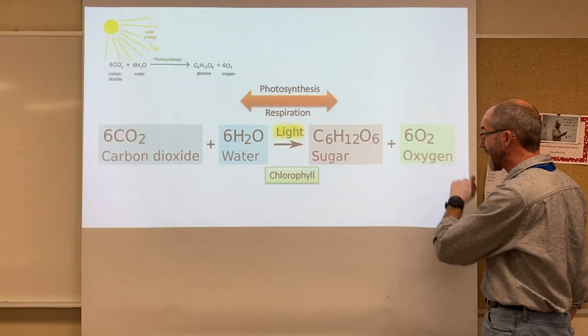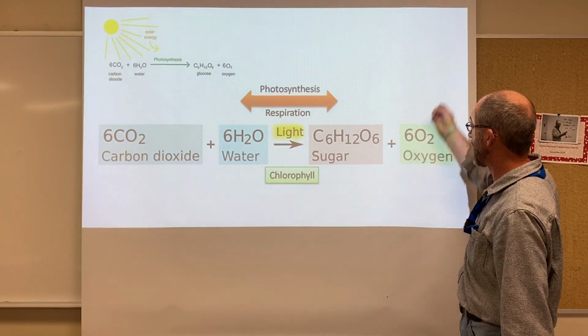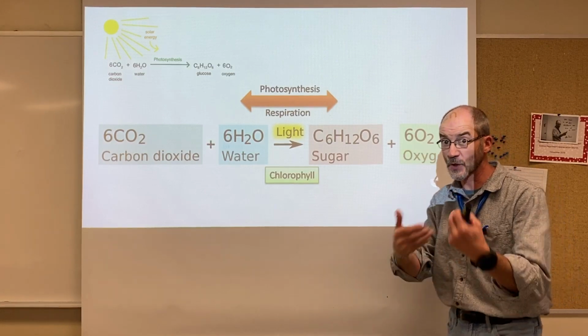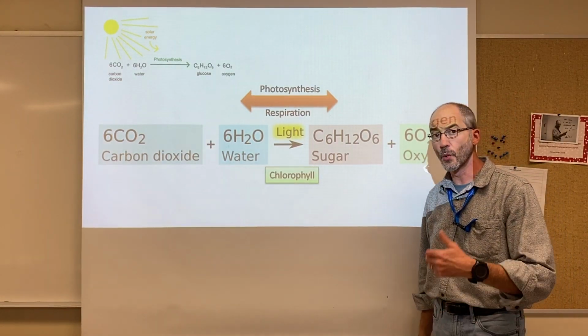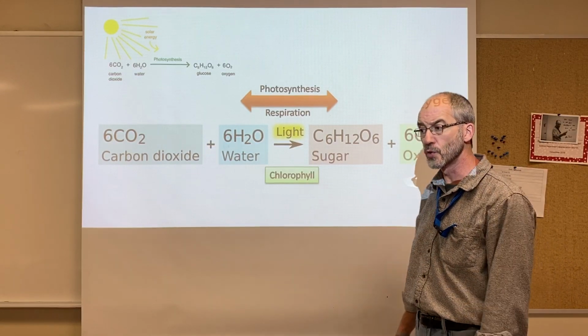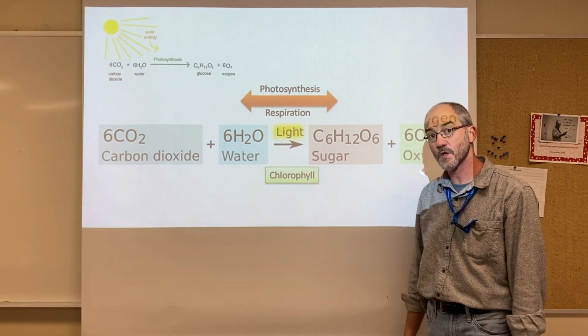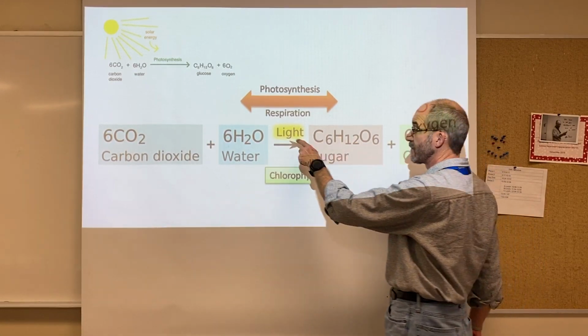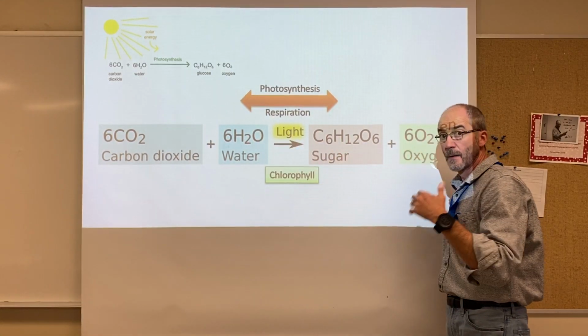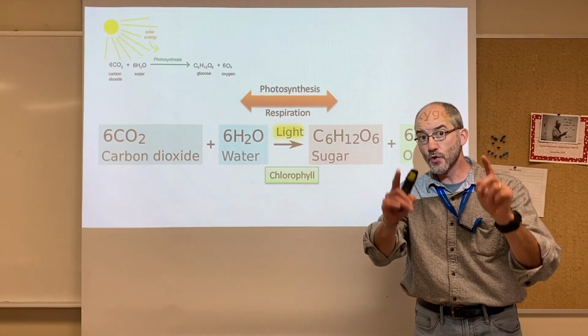By the way, that's a gas, as you know. That gas will escape into the atmosphere, which is a good thing for us. The sugar will be left behind in the plant, and then you will either consume the plant or consume something that consumed a plant. And what gets stored in that? Well, obviously energy from the sun.